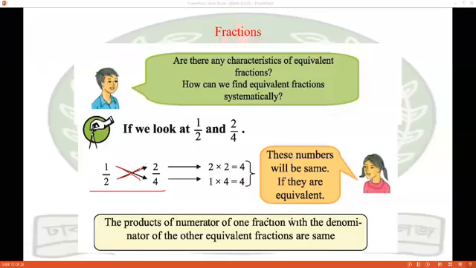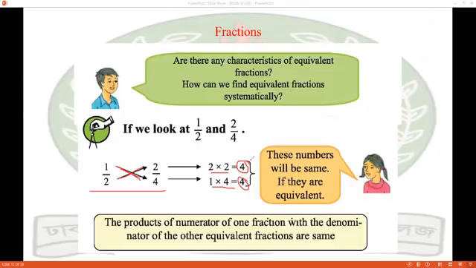At first we multiply 2 and 2, we get 4, and then multiply 1 into 4, we get 4. So the two multiplication results are the same. If they are equivalent, when the denominator of one fraction and the numerator of the other fraction are multiplied with each other, they will be the same.